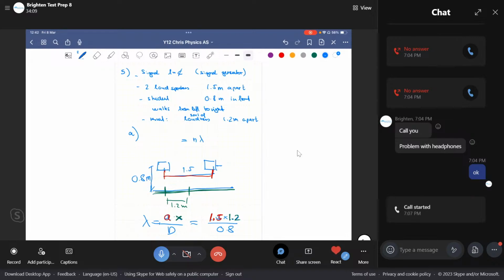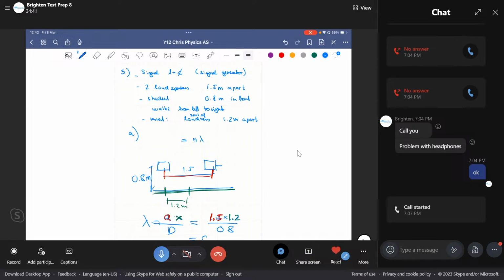Okay, and how much would the wavelength now be? 2.25 meters. Yes, 2.25 meters, or maybe something with less than meters, 225 centimeters. Okay, all right. It would be less.